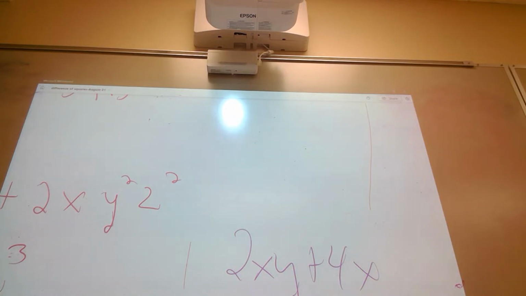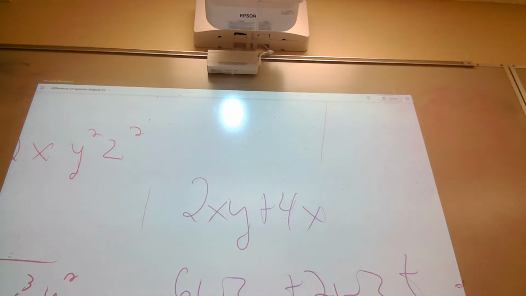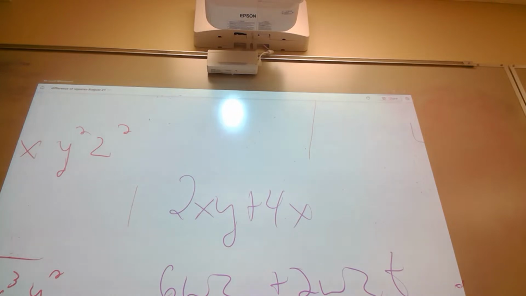Okay. 2 and 4 have 2 in common. So we pull out 2x. Here's another one. Just go on to the next one. I'll go over the answers at the same time. 6wz plus 2wzt.